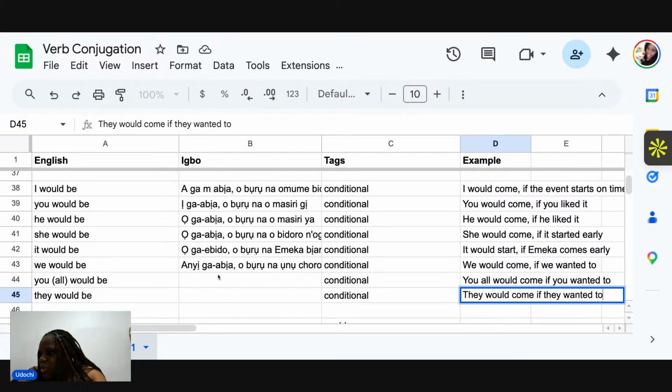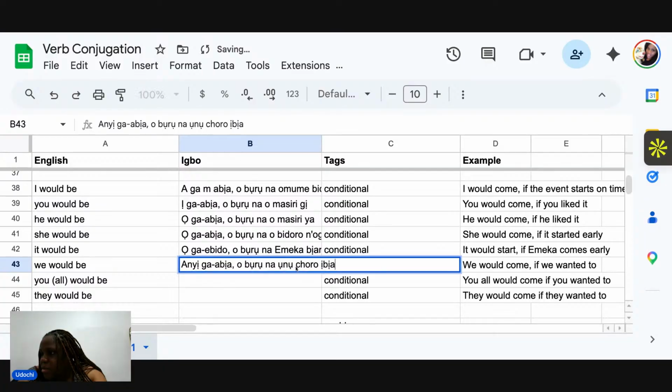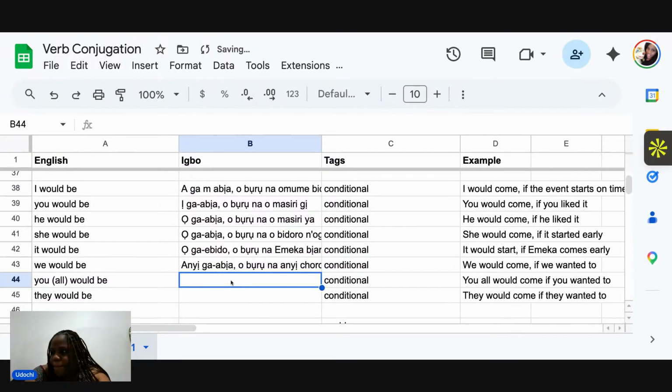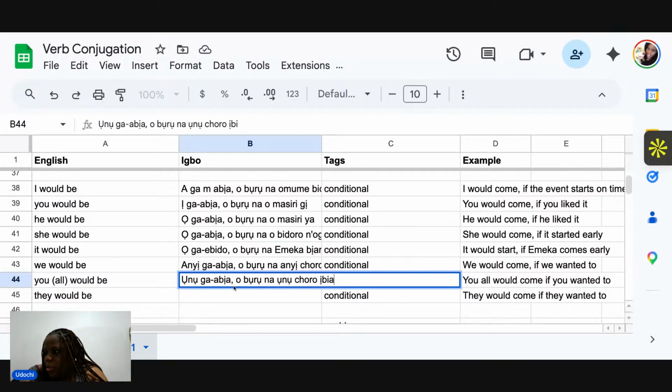Okay, so we'll say anyị na-abịa ọ bụrụ na anyị chọrọ ịbịa. Anyị ga-abịa ọ bụrụ na anyị chọrọ ịbịa. Unu ga-abịa ọ bụrụ na unu chọrọ ịbịa.